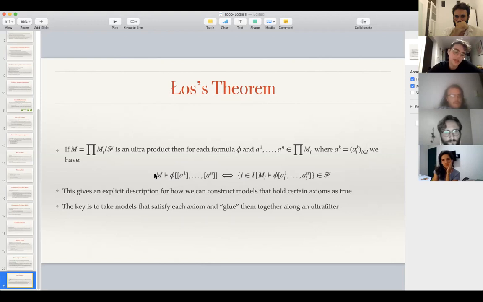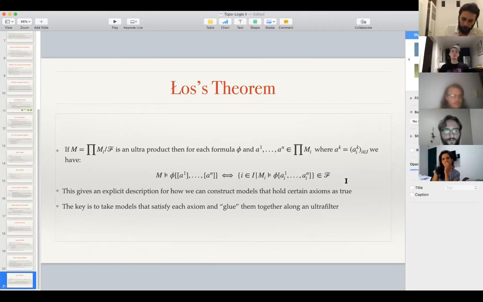So we see that the model forces this sentence if and only if the set of indices such that this submodel Mi forces, applying to just the coordinate, is in the ultrafilter F. So we get that relation between actual forcing and the various indices of this set being in the ultrafilter. So I actually think this is close to what you were asking, Gabriel, right?